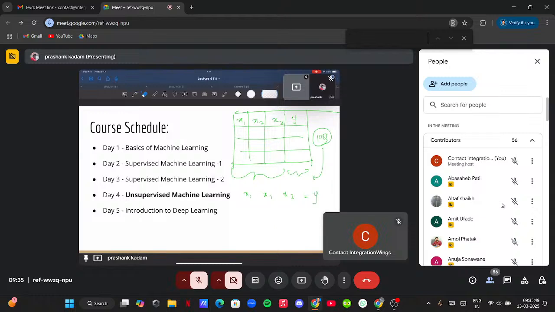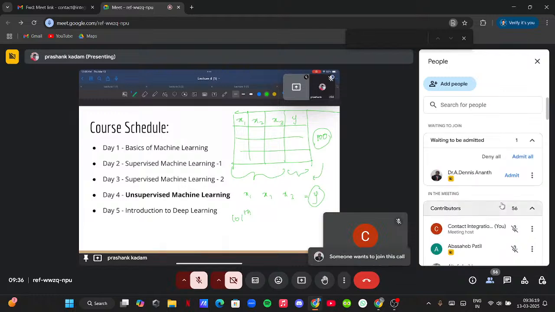Then you train the model using these 100 data points so that it learns the pattern behind how x1, x2, and x3 are related to y. Then when you give any extra point, your 101st point, to this trained model, the model should be able to predict the value of y. That is your supervised learning problem, where in your training data you had the target label with you.